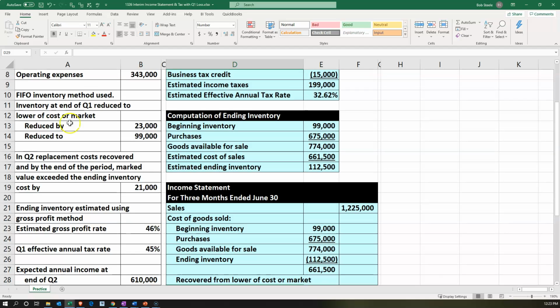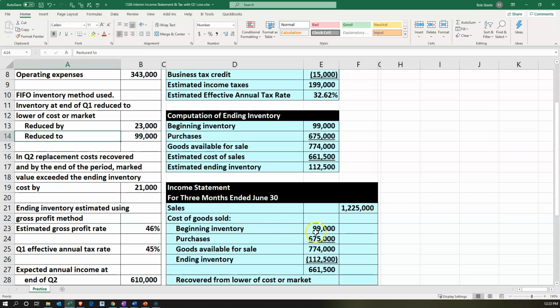So let's just take a look at that real quick. Up top, we have the first in, first out inventory method used. So we used first in, first out inventory in Q1, reduced to lower of cost or market. So it was reduced in Q1 by 23,000, reduced to 99,000. In Q2, the replacement costs recovered, and by the end of the period, market value exceeded the ending inventory cost by 21,000.